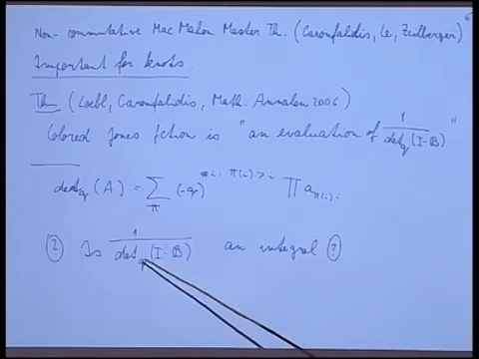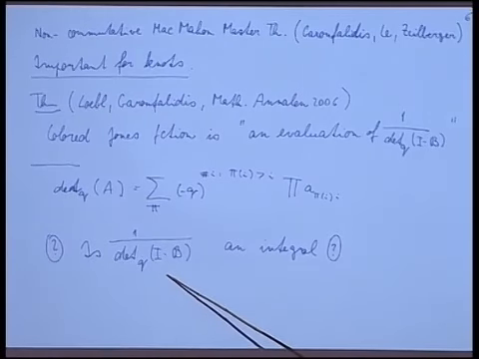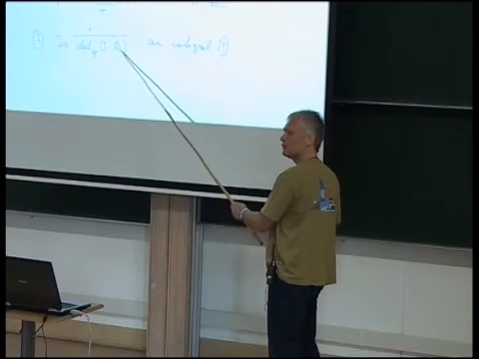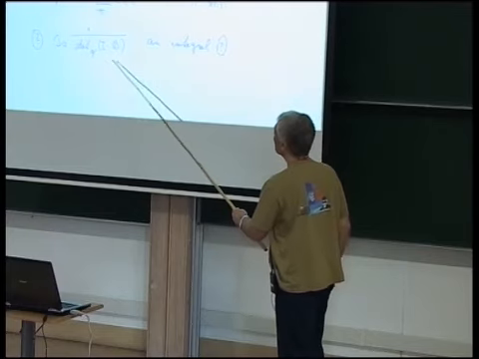If 1 over the Q determinant is an integral, then that would be another integral expression for the Colored-Jones function.